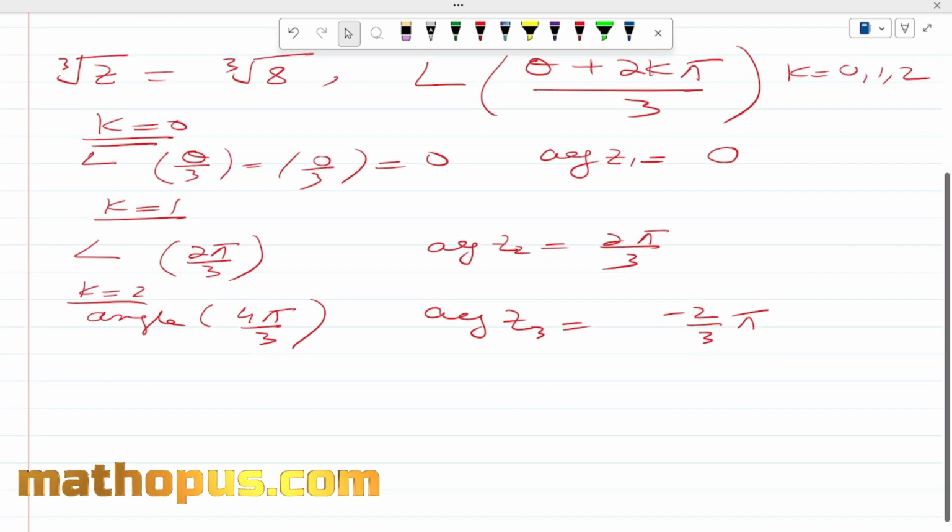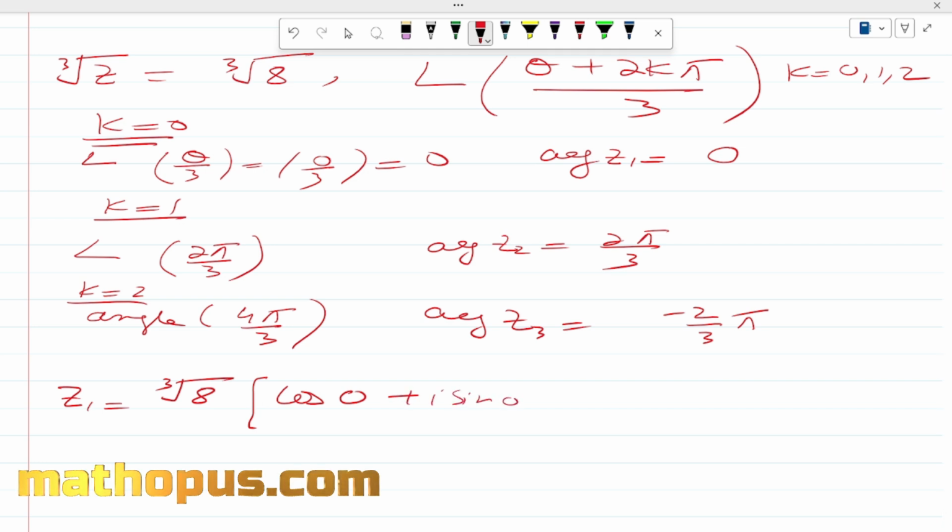So let's write it down. So the first cube root in polar form is going to be the cube root of 8, obviously the length, and the first angle is 0. So cos 0 plus iota sine 0. So the first cube root is simple, straight away.